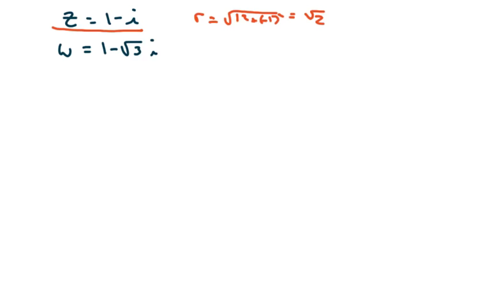And my r for w is 1 squared plus square root of 3 squared, which just equals 2. All right, so that's my two r's. So this is my r1 and my r2.